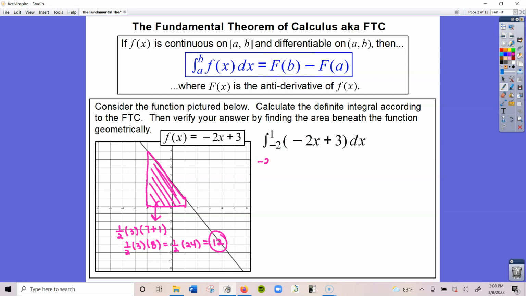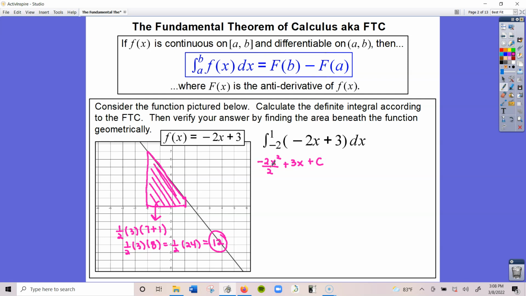So this will be negative 2x squared over 2 plus 3x plus c. Now, I'm doing it with the c for now so you can see what's going to happen. But whenever you're evaluating a definite integral, you do not need to use the plus c at the end, and you're going to see why.